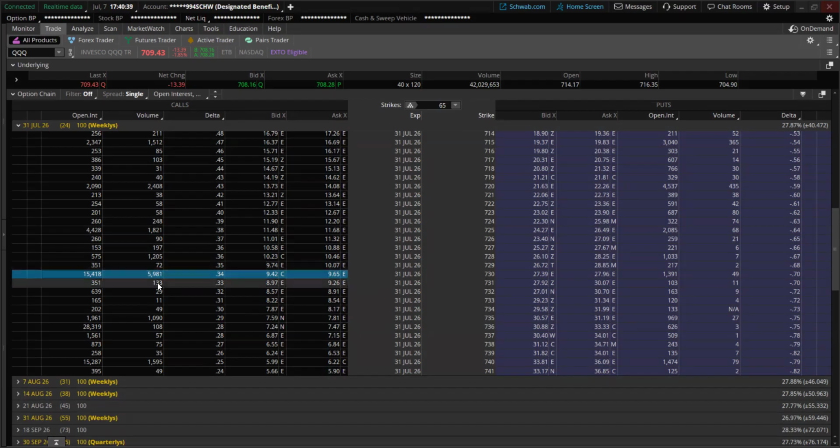So right away, I saw more volume than open interest, and I already identified what they were doing. The volume here was 28,212, and the volume here was 14,506.